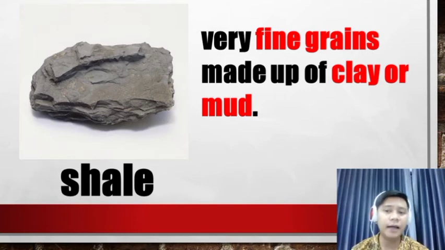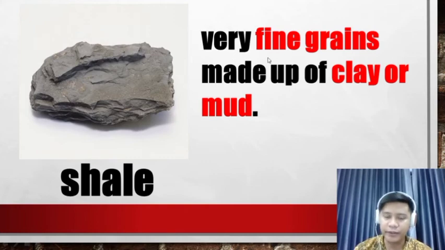You know what the meaning of clay is, and then mud. But I think you need to remember this word. When you hear the words fine grains, unlike conglomerate, coarse and grain, this one, fine grains, that is what we call shale.